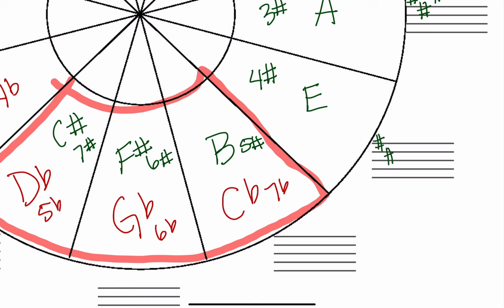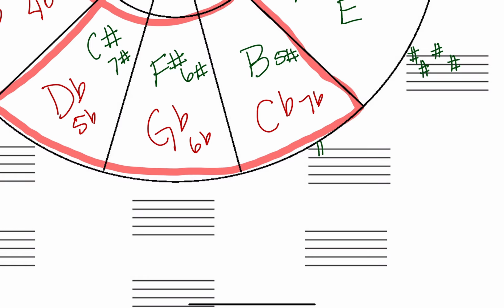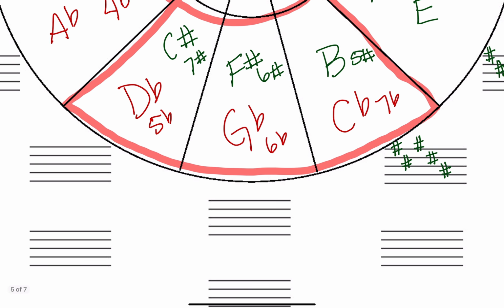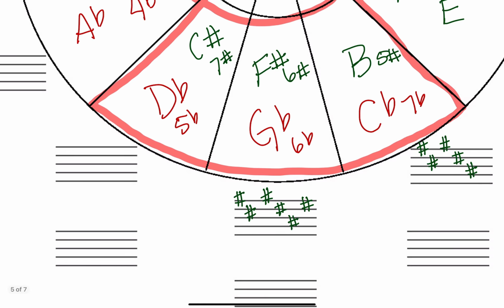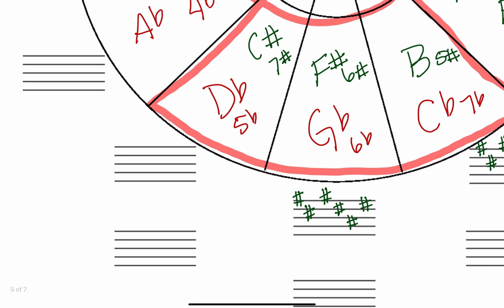Fat cats go down. B has 5 sharps. Fat cats go down alleys. F sharp has 6 sharps. Fat cats go down alleys eating. And C sharp has all of the sharps. Fat cats go down alleys eating bugs.